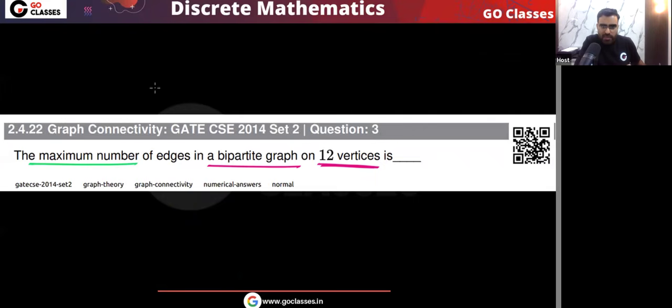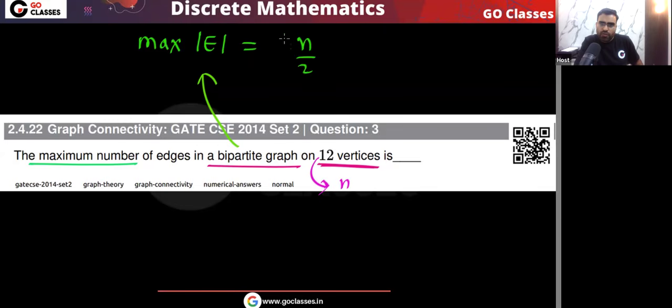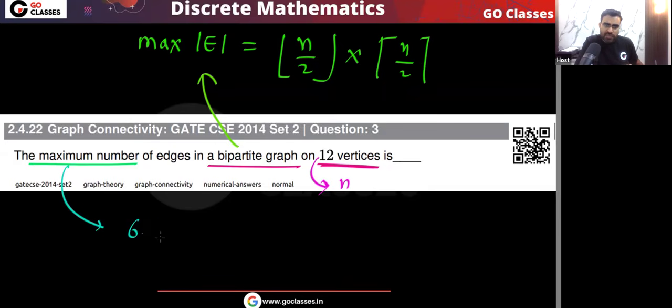I told you, if you have a bipartite graph on n vertices, then the maximum number of edges is n by 2 floor multiplied by n by 2 ceil. Here n is 12, so n by 2 floor and n by 2 ceil are both 6. So finally the maximum number of edges is 6 multiplied by 6, that is 36.